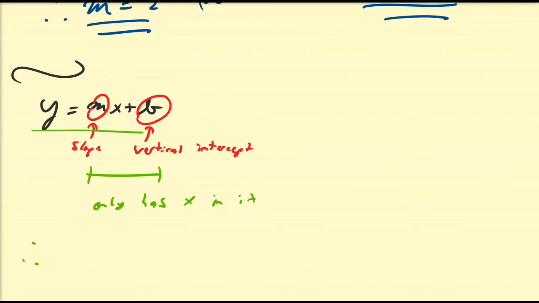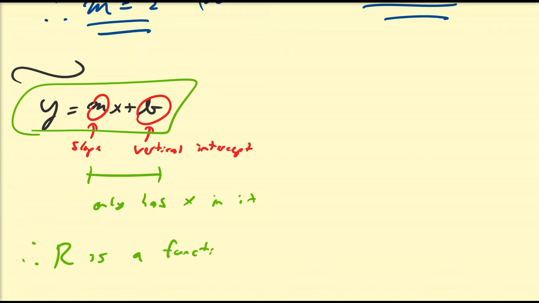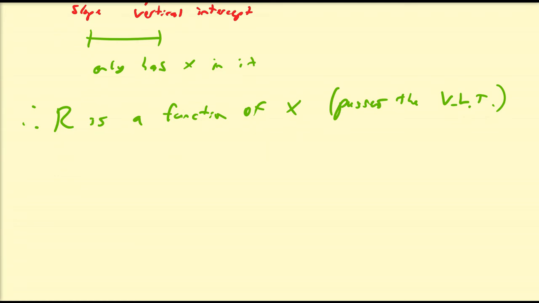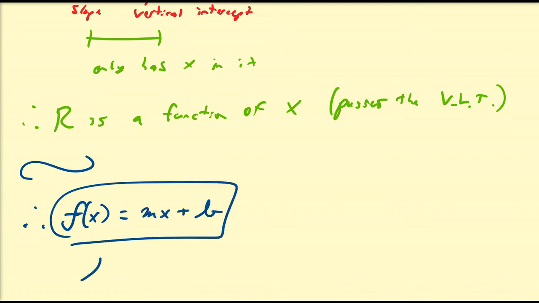So that means this relation, r, is a function of x. And what do I mean by a function of x? That means it passes the vertical line test in terms of its graph. So if that is the case, then I can rewrite a line in the form f of x is equal to mx plus b. This is what we call a linear function.